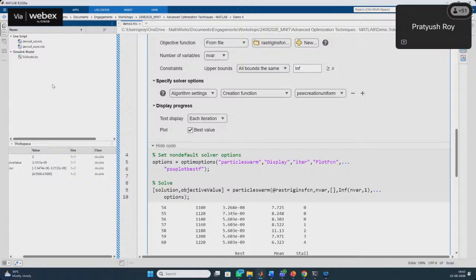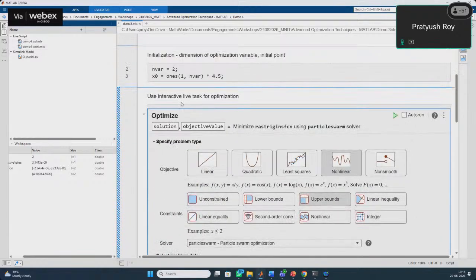But in case you are looking at an engineered system, let's say any control system or any other parameters in, say, wireless systems, but you have already built the system level model using Simulink, and you want to see how varying some of the parameters can actually affect the performance. So this is where we are talking about system level integration of these optimization problems. So in that case, we can also take the help of similar functions.